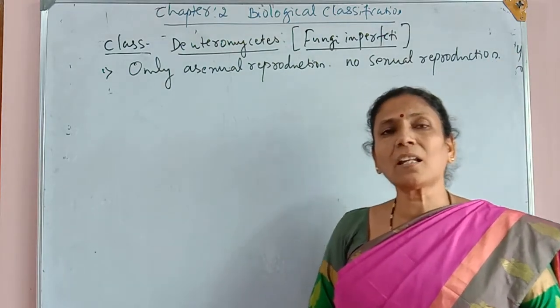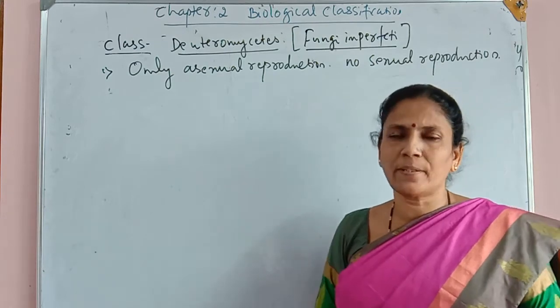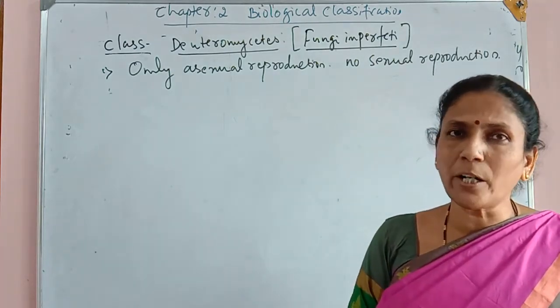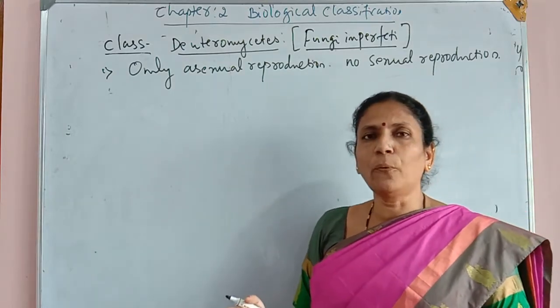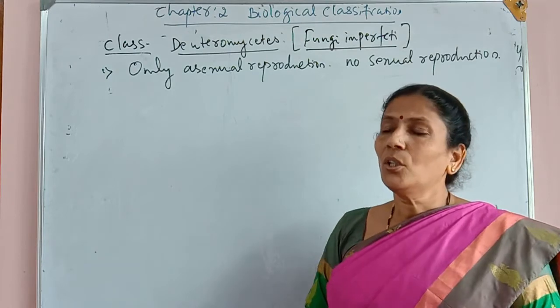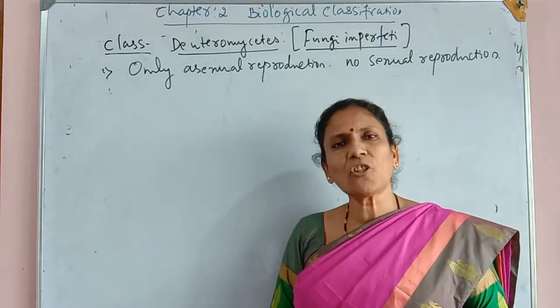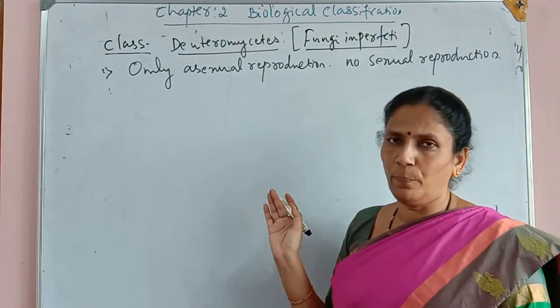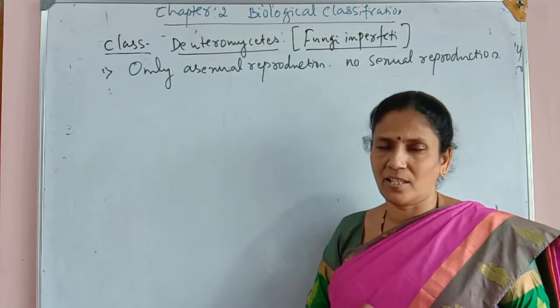So fungi are classified basically into two groups. One group has sexual reproduction, and another group has only asexual reproduction. All fungi which have only asexual reproduction come under class Deuteromycetes.